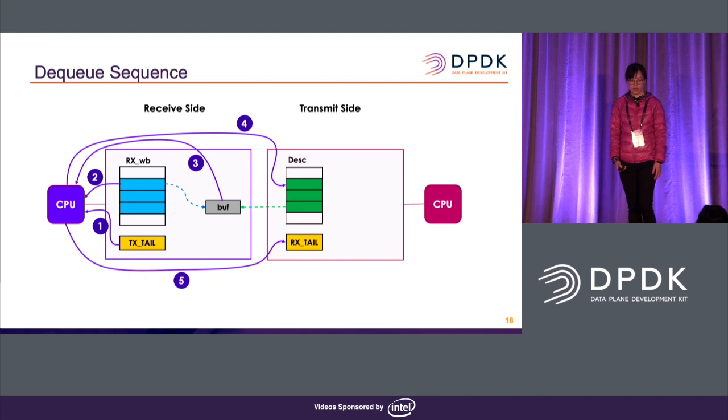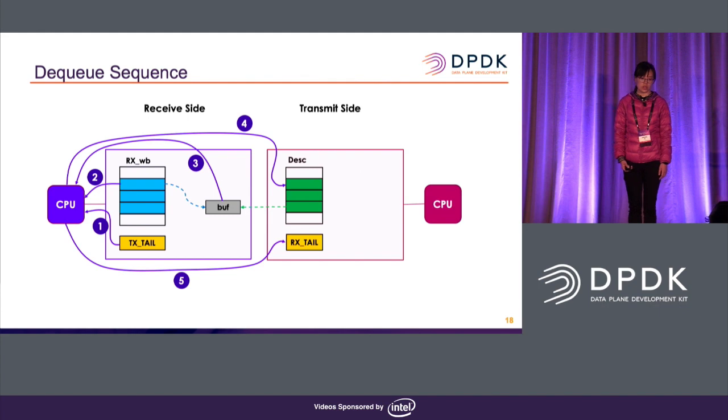After that, the CPU of the receive side will need to allocate a new mbuf for this descriptor ring for the next packet transmit and receive. At last, the CPU on the receive side needs to update the RX tail to tell that I'm ready to receive another packet.